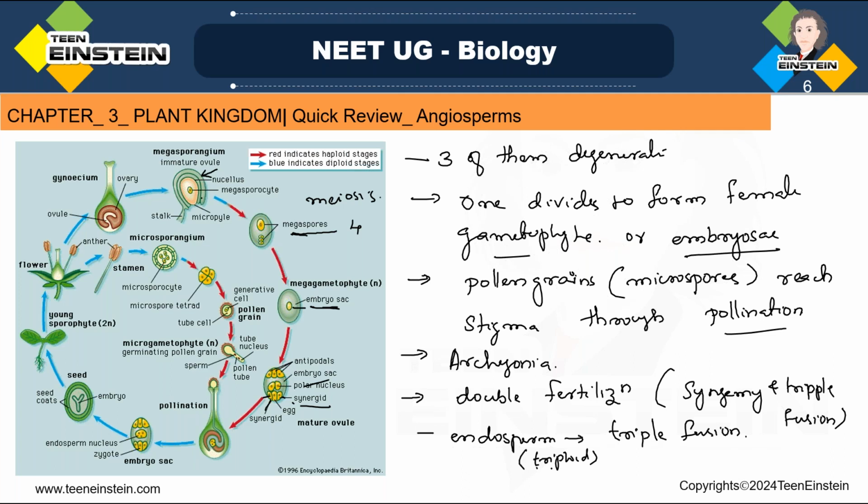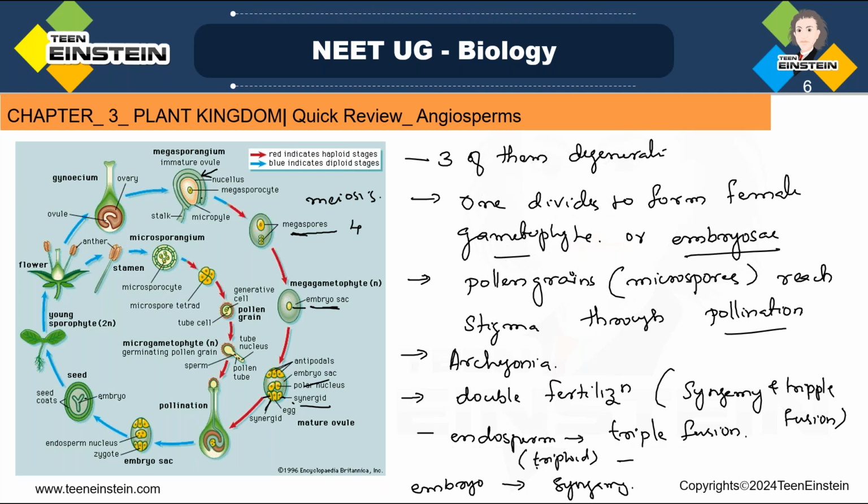Triploid endosperm. Okay. And embryo formation, that is through syngamy. So this is the embryo formation process.